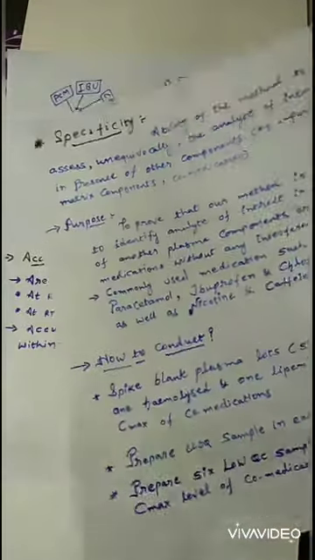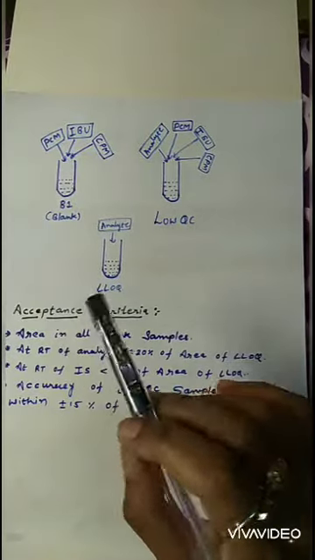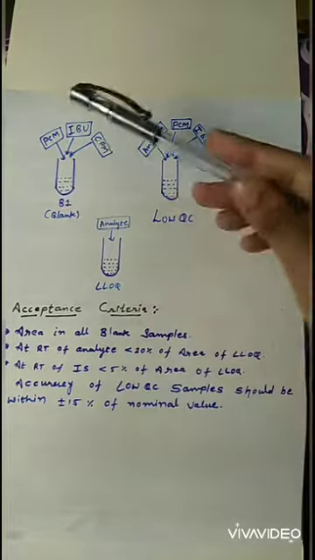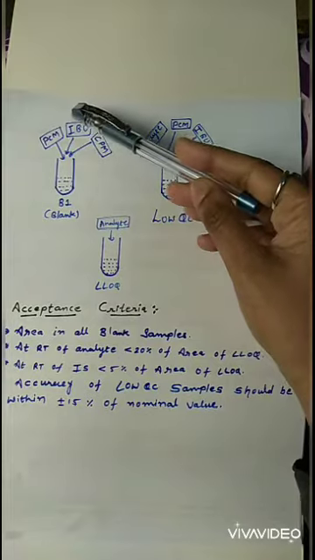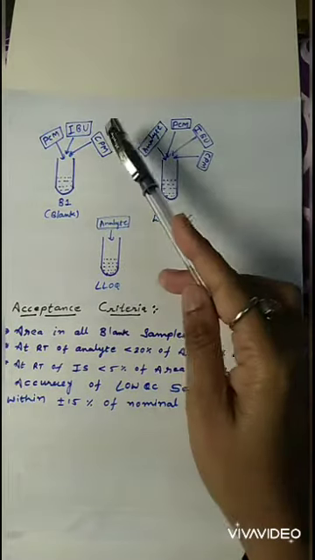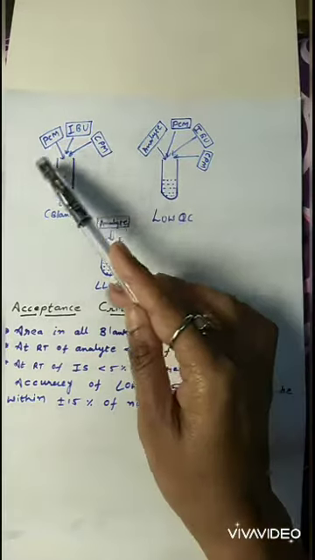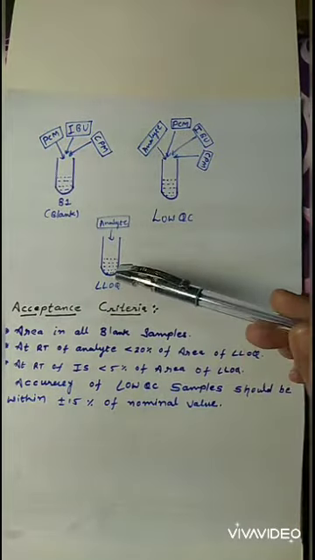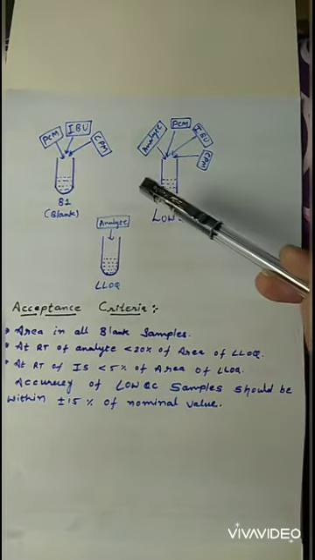Now I will explain with this example. For example, here we take the B1 plasma lot. Here we spike the Cmax level of paracetamol, Cmax level of ibuprofen and Cmax level of chlorpheniramine malate in blank plasma. Here we do not add any analyte. Here we spike just the LLOQ of analyte.